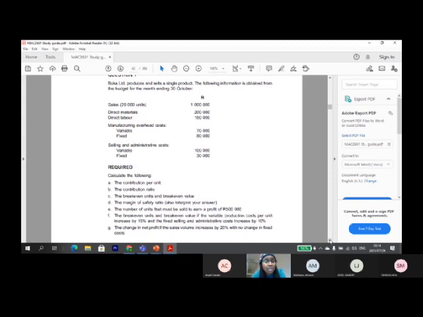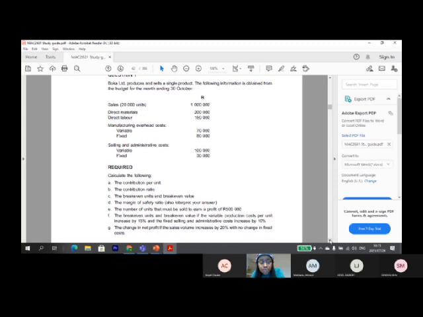Manufacturing overheads, they break it down for you to say that your variable is 20,000 and your fixed is 80,000. Then your selling and administrative costs, remember those are your non-manufacturing costs. They come after you have produced whatever product you are about to sell. Those costs are also split into variable and fixed.